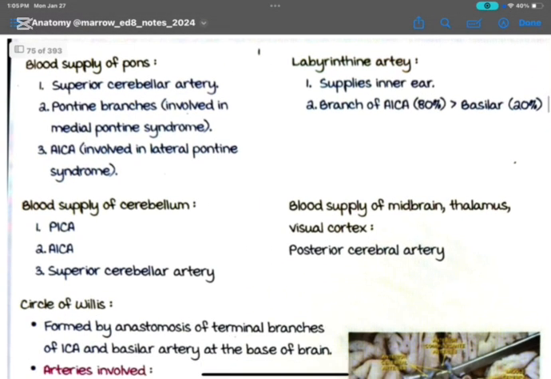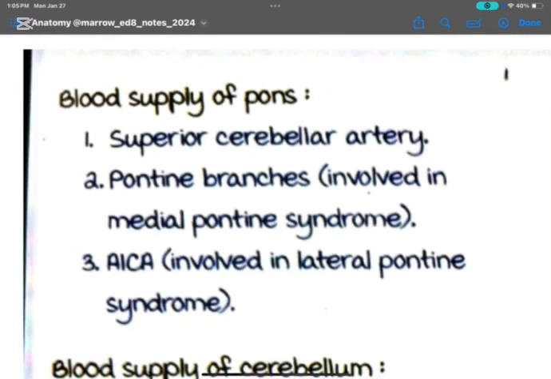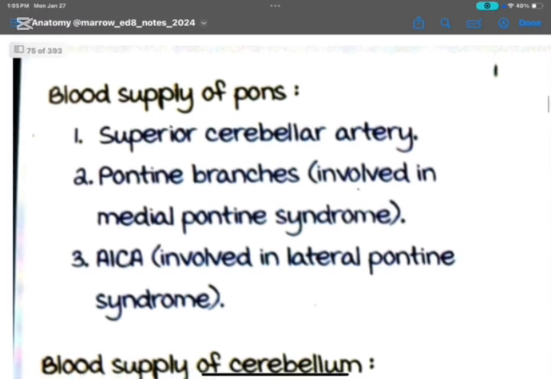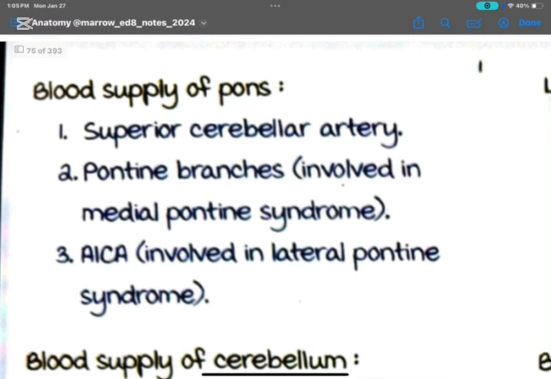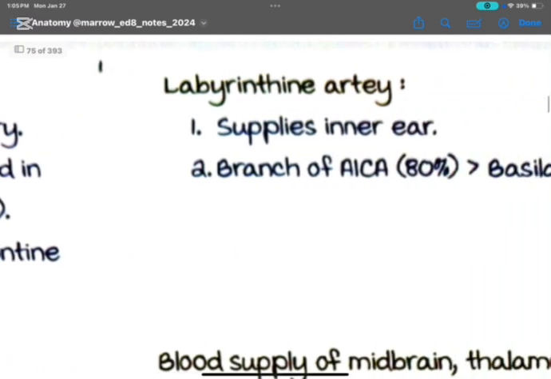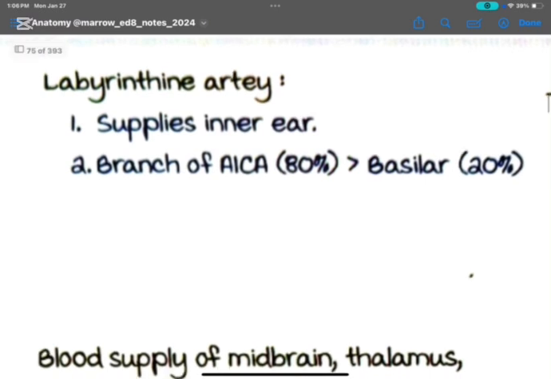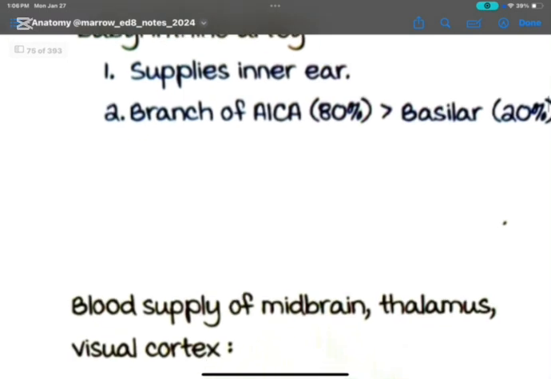Blood supply of pons. Superior cerebellar artery, pontine branches involved in medial pontine syndrome. Anterior inferior cerebellar artery involved in lateral pontine syndrome. Labyrinthine artery supplies inner ear, branch of anterior inferior cerebellar artery 80%, sometimes 20% branch of basilar artery.